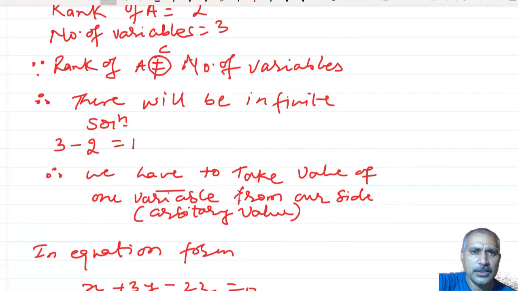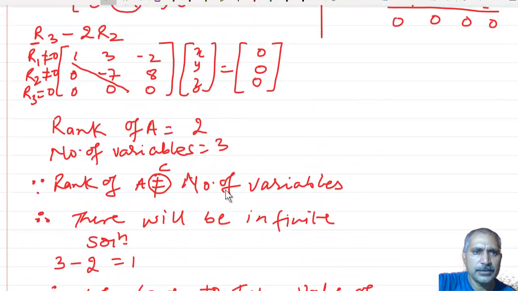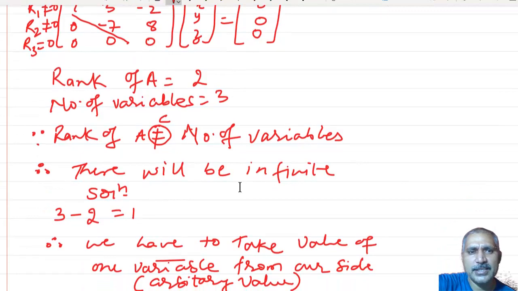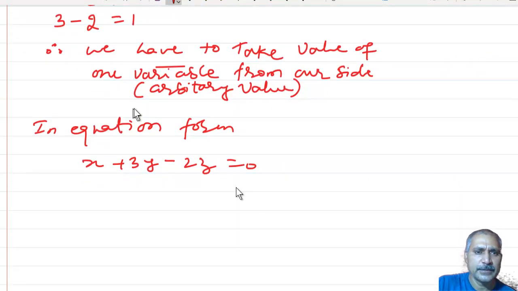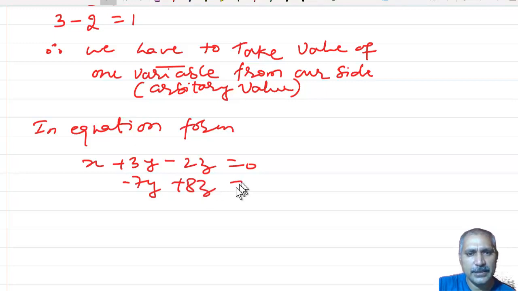Now go back to the last step here. Here x is 0, y is minus 7, z is 8. So minus 7y plus 8z is equal to 0. The third row was totally 0, so we cannot write that equation because all the coefficients are 0.